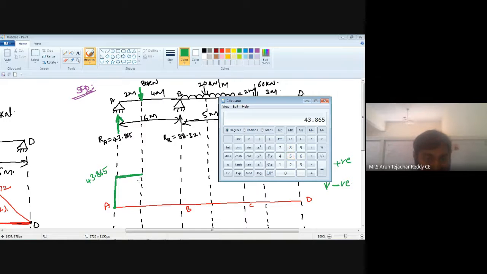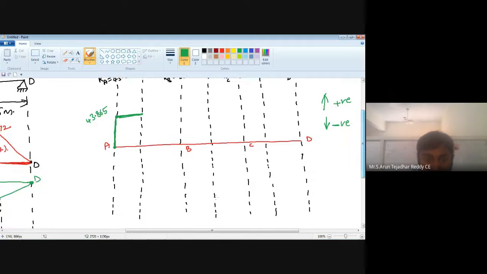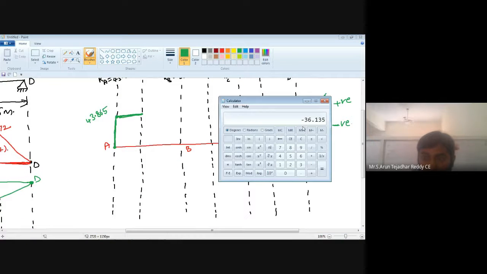This is constant up to the load, but the load is acting 80 kilonewton downward direction, so negative. Minus 80 equal to, what is the value here? Minus 36.1. See, minus 36.135. This is our value, and here also we got negative value.